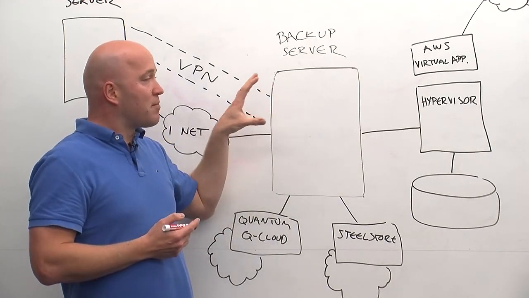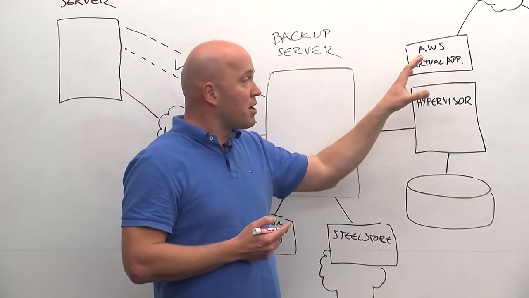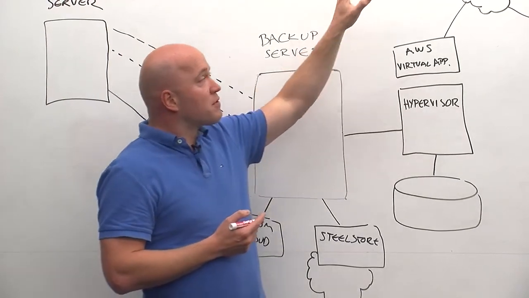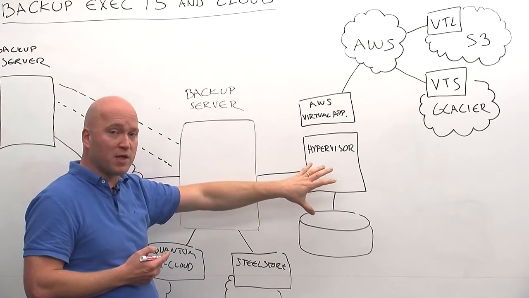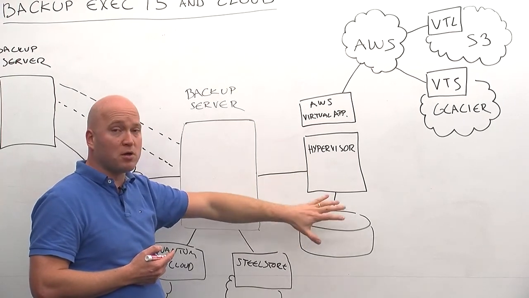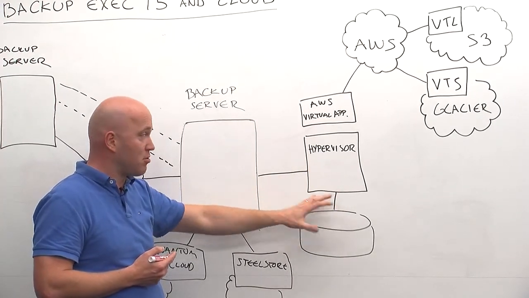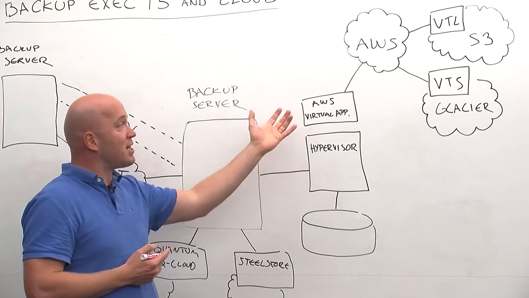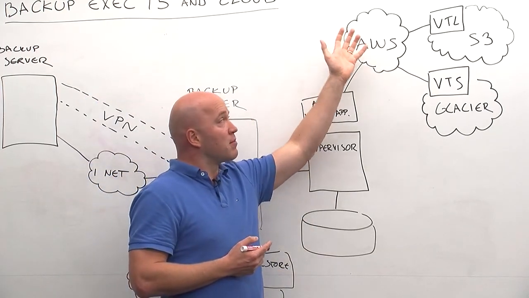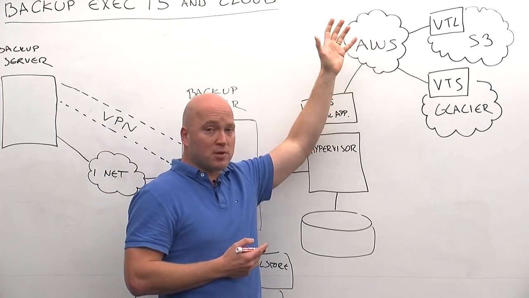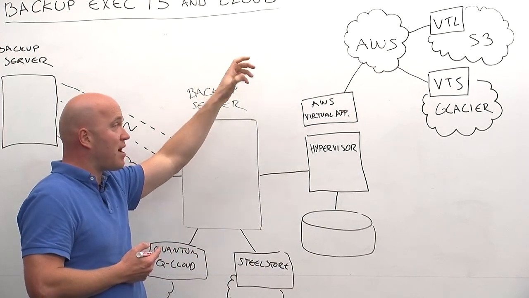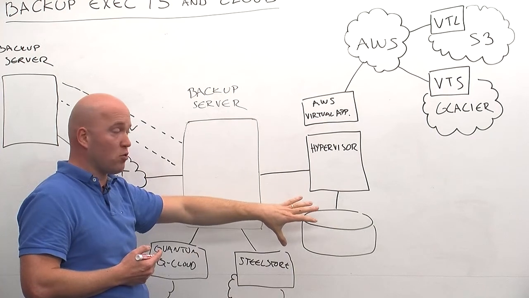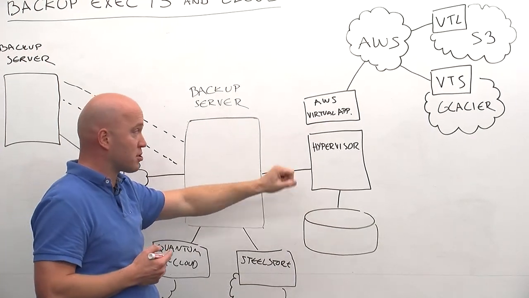We can start backing up information to the virtual appliance, and depending on how much storage you configure for that virtual appliance, we can keep a lot of that backed up information locally. It's going to start transmitting that information to the virtual tape library powered by Amazon S3 storage over time, but you have the most recent information available locally as well, depending on how you configure the storage.